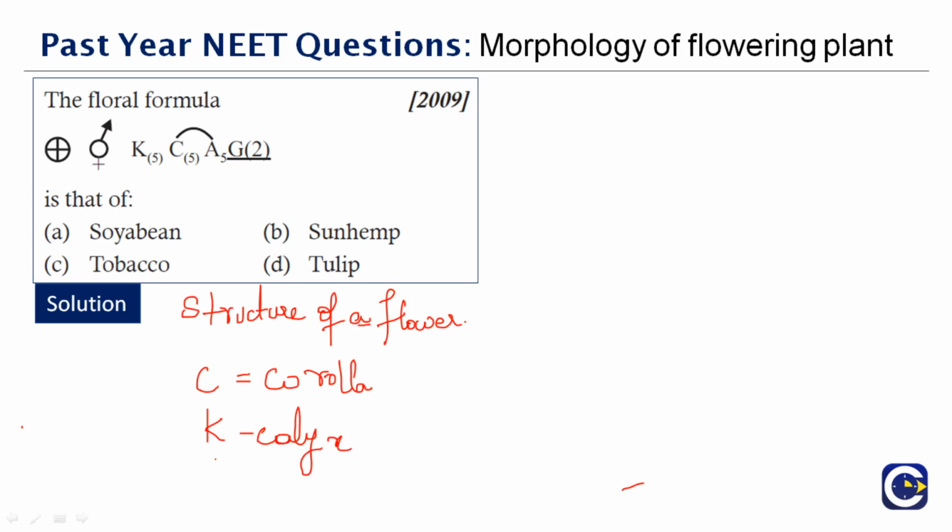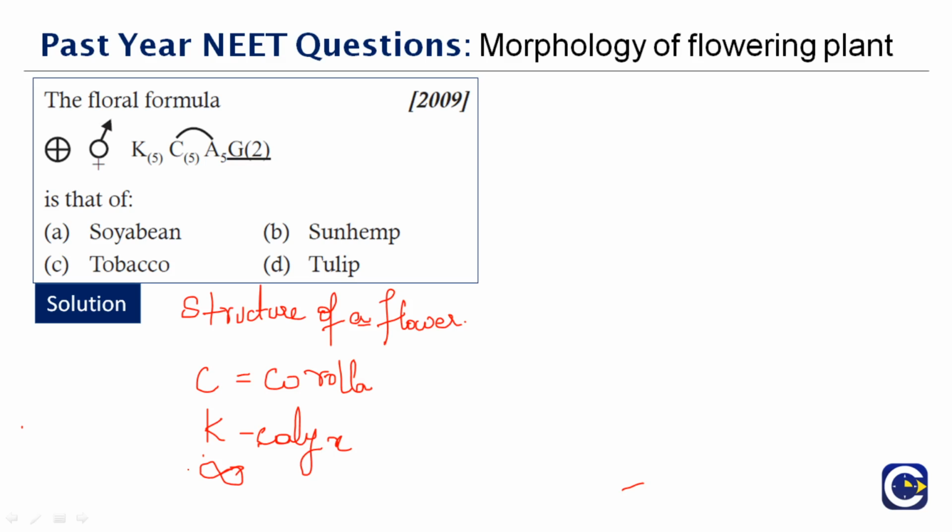G represents gynoecium, P represents perianth, and A represents androecium. So this is the way they represent it. And you have symbols also, right? This symbol signifies a large and indefinite number. So you have different formulas with different symbols also. Each one has its own meaning.